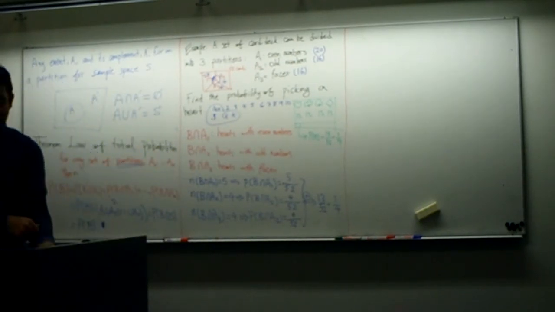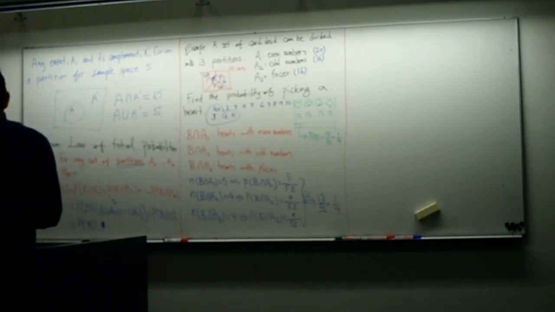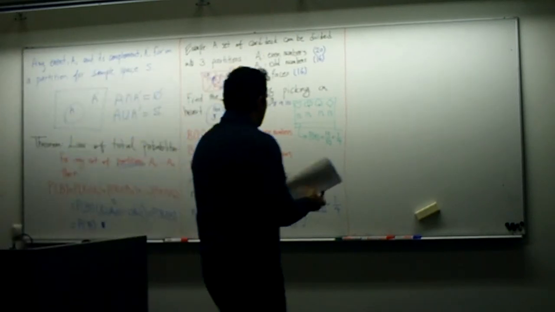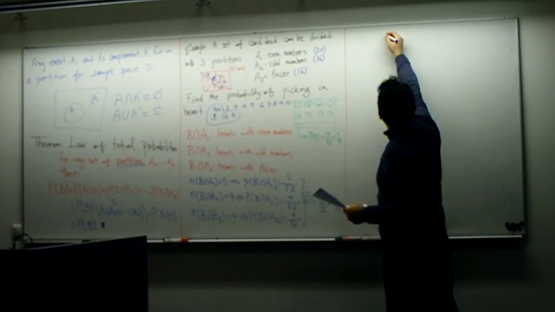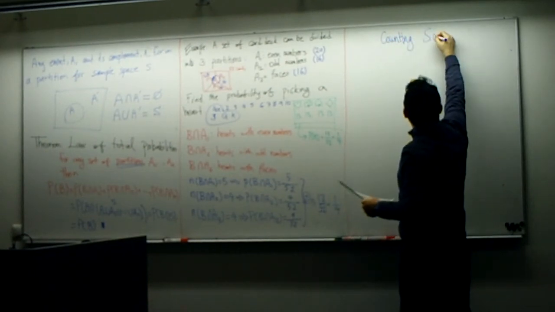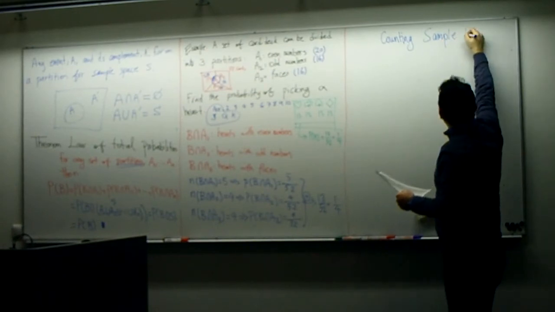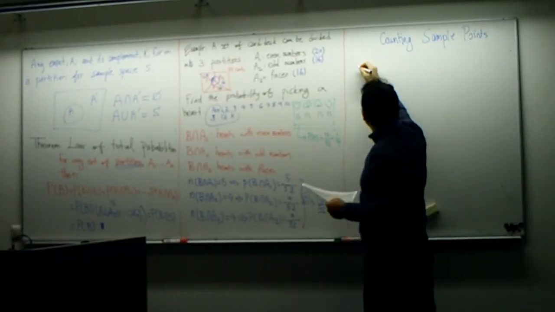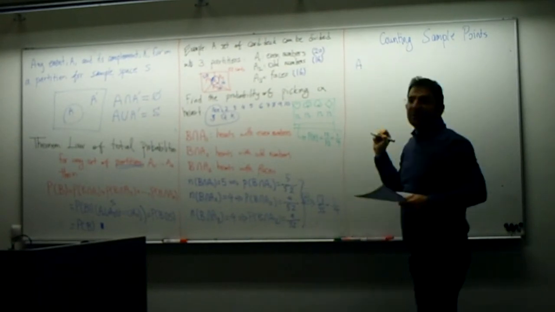But sometimes it is not that easy. And we are using a very important method which is called counting sample points. This is the title. And we are using a methodology which is called a tree diagram.